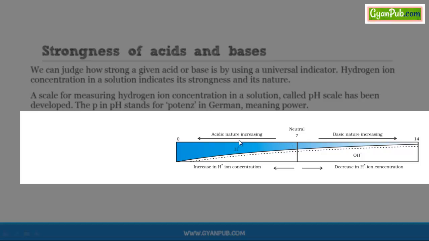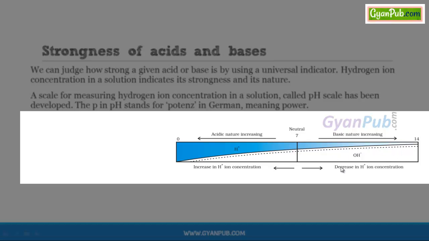If the pH value goes from 7 to 0, the strength of acids is increasing. And if the pH value increases from 7 to 14 gradually, then the basic nature is increasing, as the OH- ion concentration is increasing from 7 to 14.